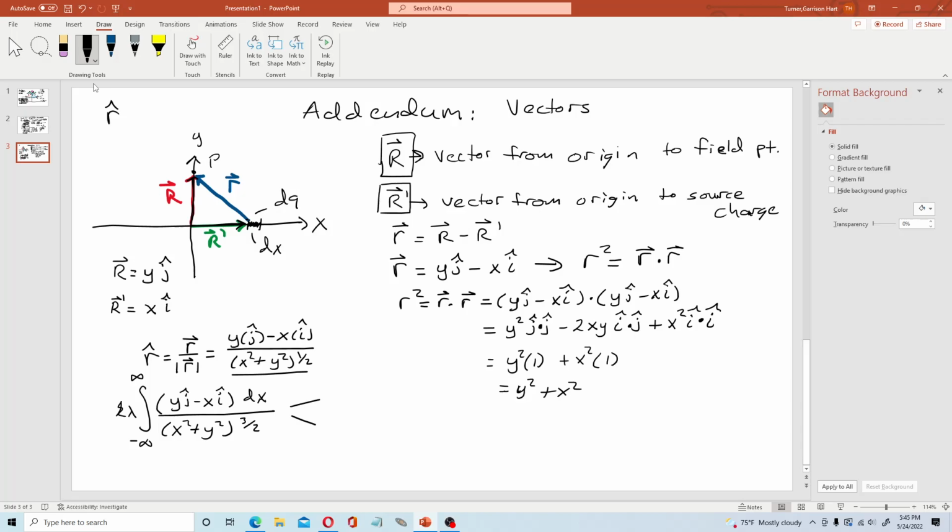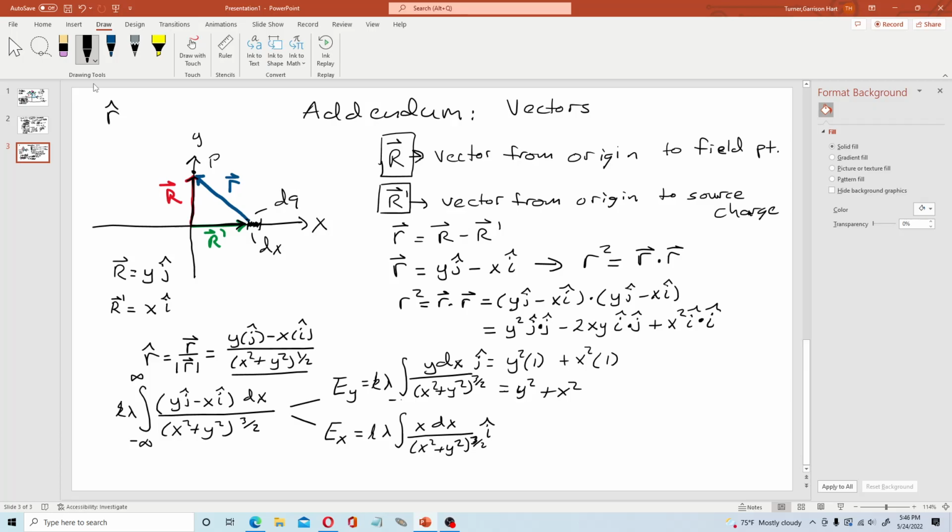Your y component would be written as lambda y dx over x squared plus y squared to the 3/2 in the j direction, and Ex would be equal to lambda times x dx over x squared plus y squared to the 3/2 in the I direction, right?